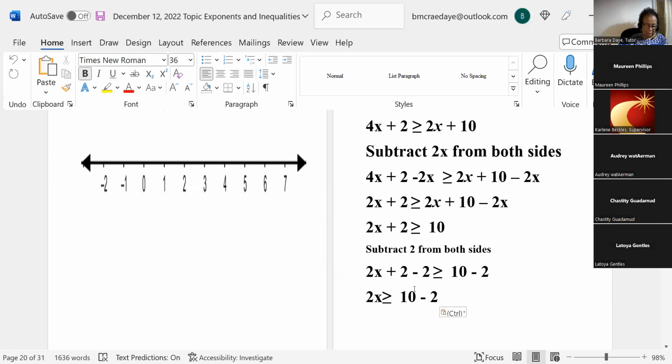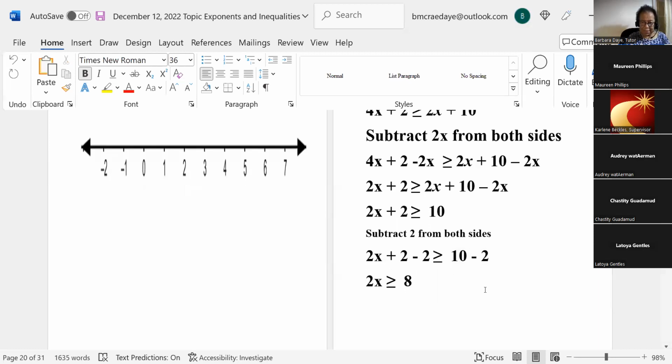Now, Maureen, how do I solve for x? How do I solve 2x greater than or equal to 8? That's a multiplication. What's the opposite of multiplication? Divide. Right, so what do I divide by, Maureen? 2.